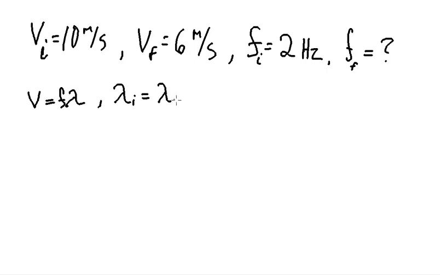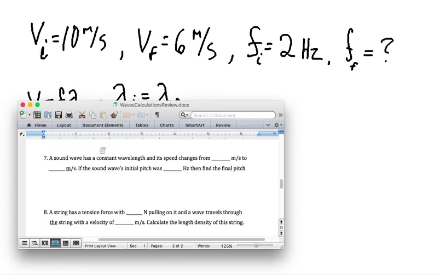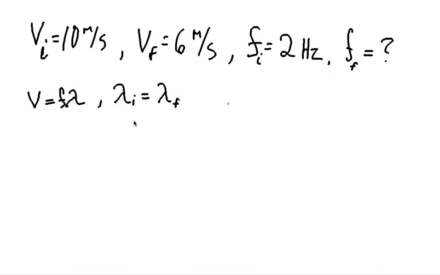We're told that in the problem when we read the words constant wavelength. So, just like last time, I'm going to write 2 equations and figure out a way to eliminate our unknown. So let's say this is the initial, and we also have an equation for the final.